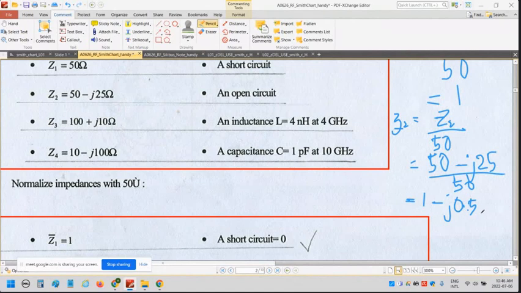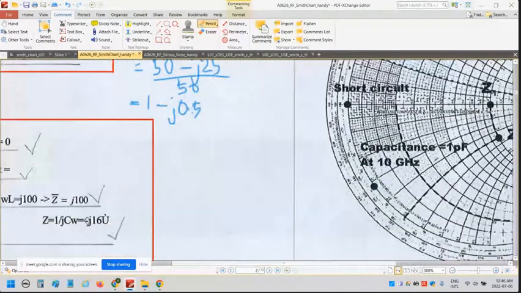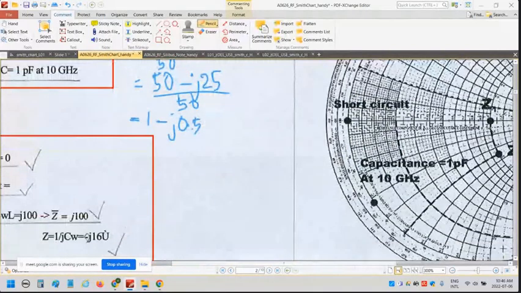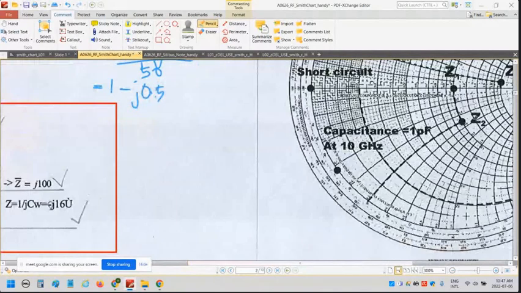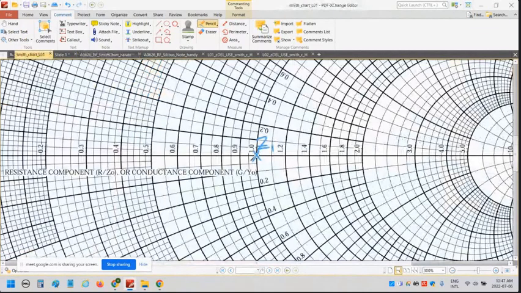Here is the normalized location. Then you need to locate where 1 minus j0.5 is. So the location for Z2 is here. How do you locate it?